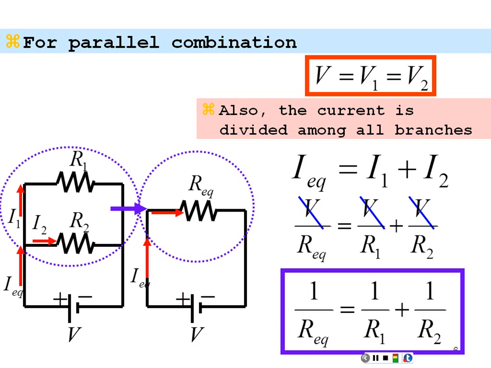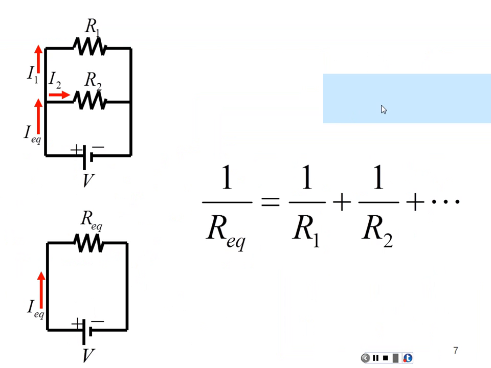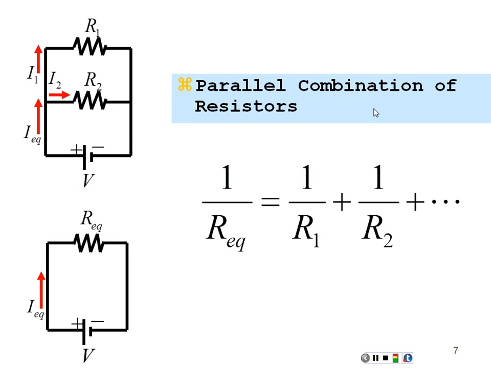We did this for two resistors in parallel, but we could have done this for any number of resistors in parallel. 1 over R equivalent would equal 1 over R1 plus 1 over R2 plus 1 over R3, as many resistors as we had in parallel. So for a parallel combination of resistors, that's how we do it for any number of resistors.